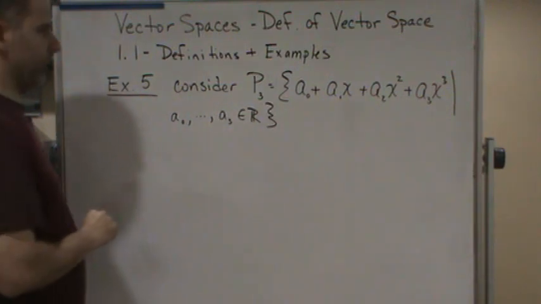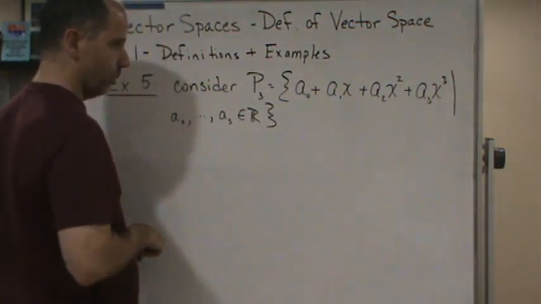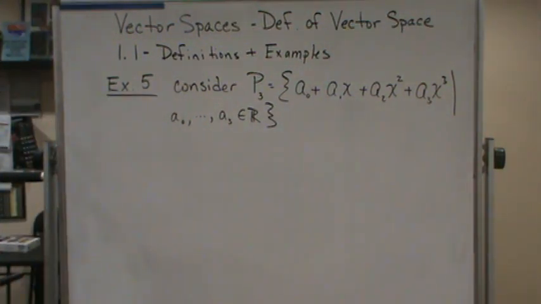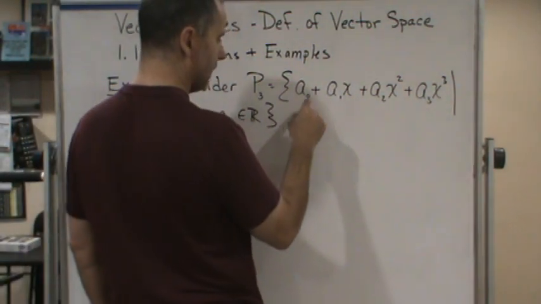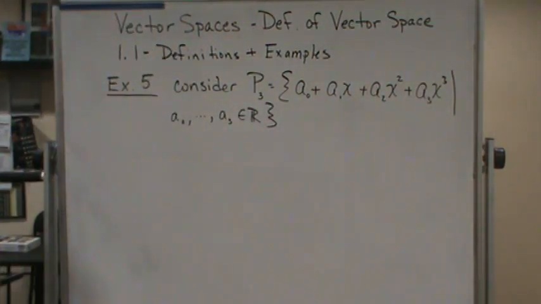So we could have any of these be 0, and we'd have a polynomial of a degree less than 3. And any constant polynomial, we'll consider as degree 0.